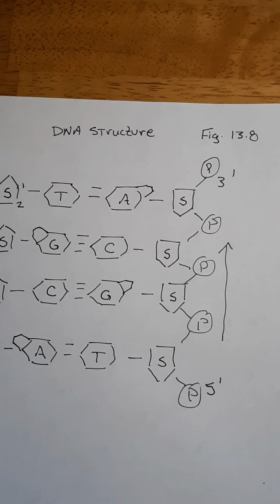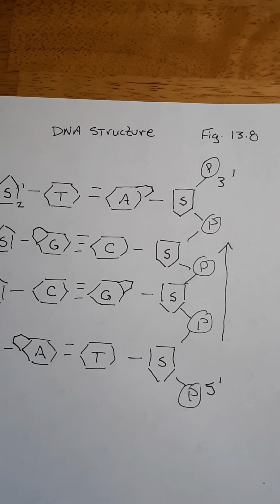Adenine always combines with thymine, and guanine always combines with cytosine. There are 2 hydrogen bonds between adenine and thymine, 3 between cytosine and guanine.